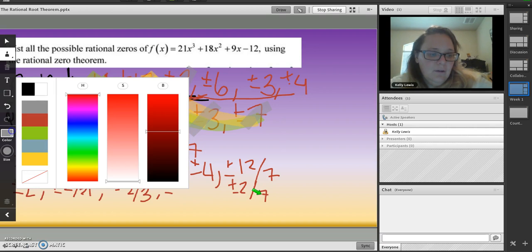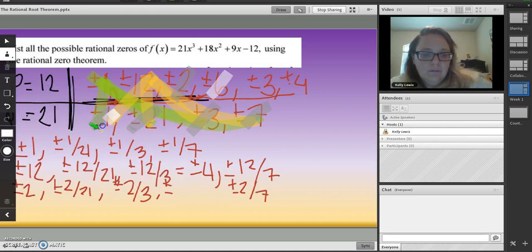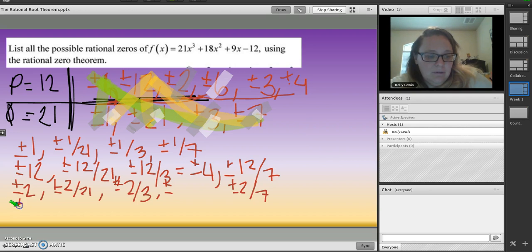Now we do 6 over all the numbers. Okay, so 6 over 1 is 6. 6 over 21 is divided by 3, so we get 2 over 7.